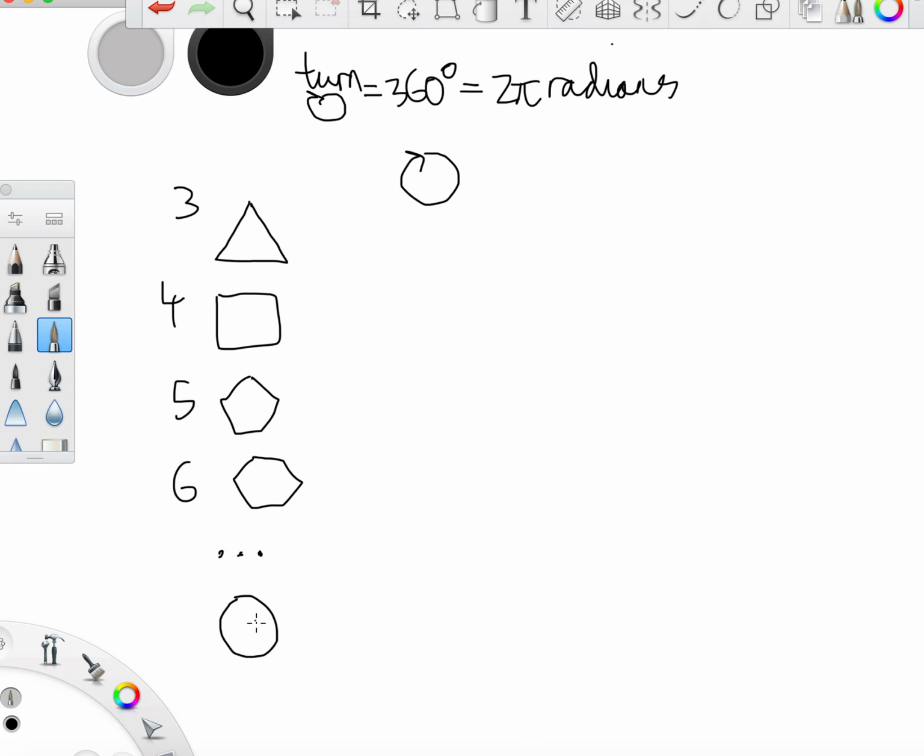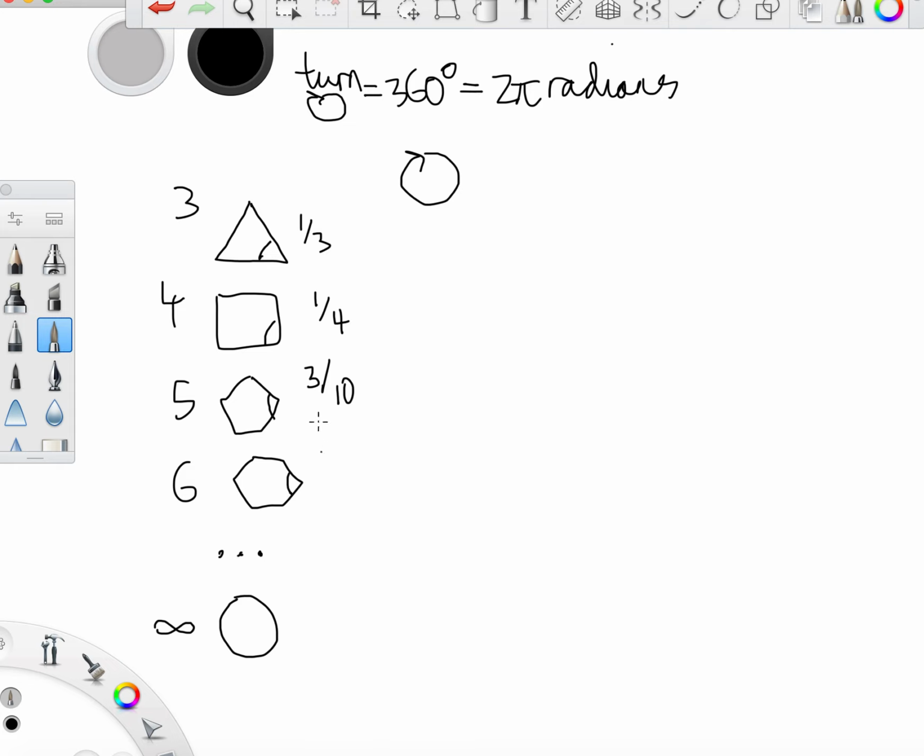So, for our triangle, we have interior angles of 1/3 of a turn. For our square, it's 1/4 of a turn. For our pentagon, it's 3/10 of a turn.